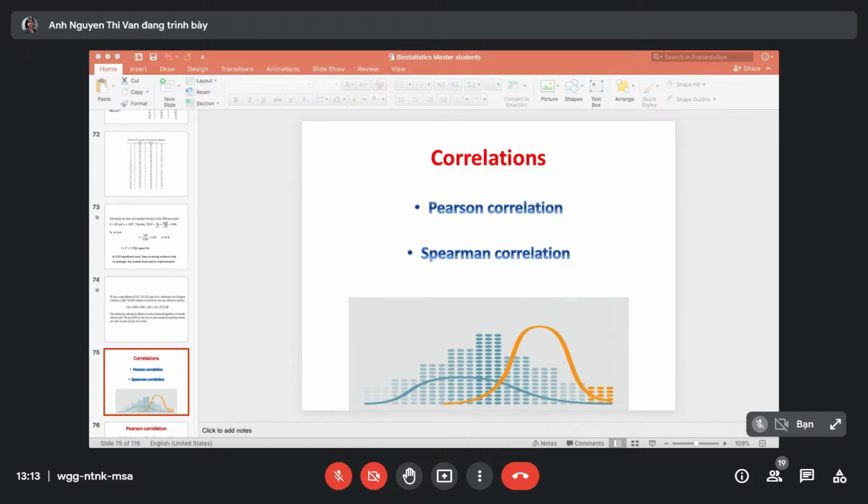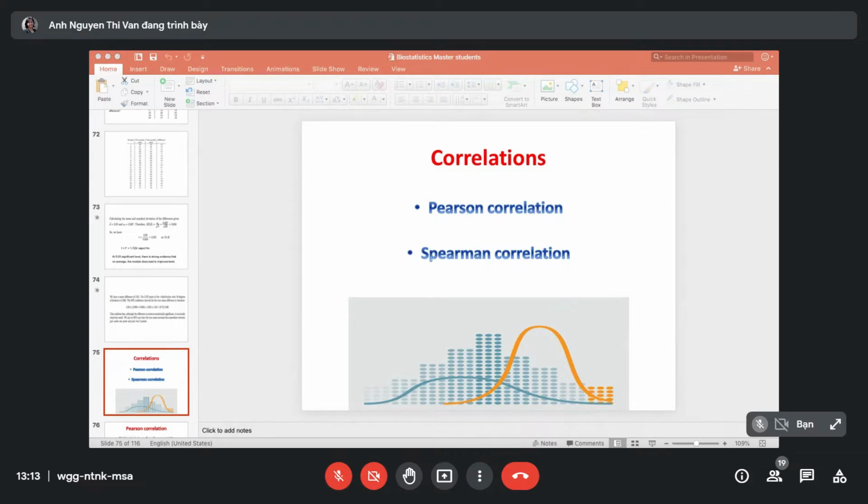And how about positive correlation? Positive correlation means that the two variables increase together. So when one variable increases, the other will increase too, right?